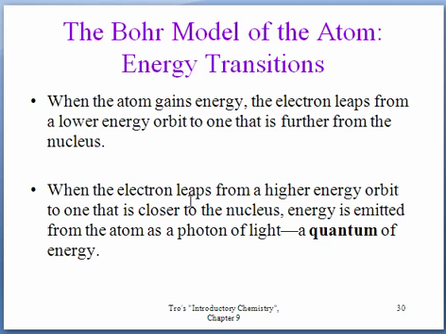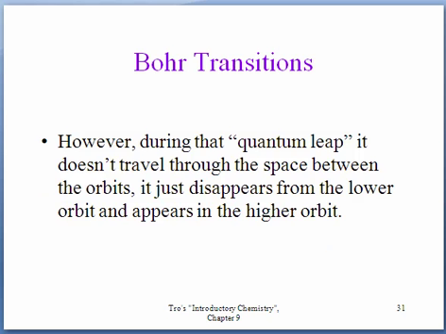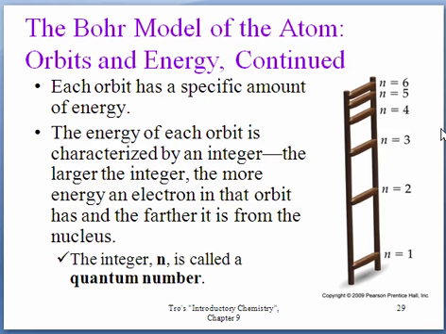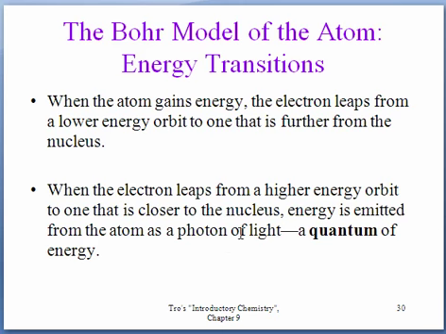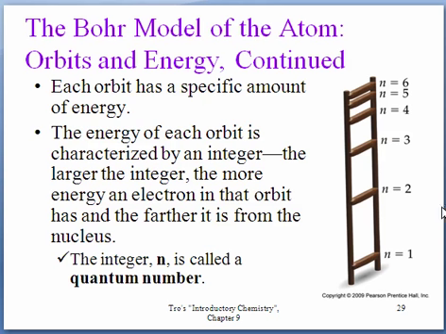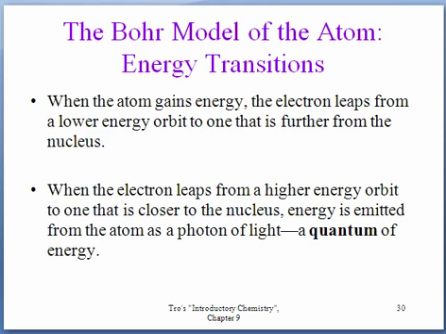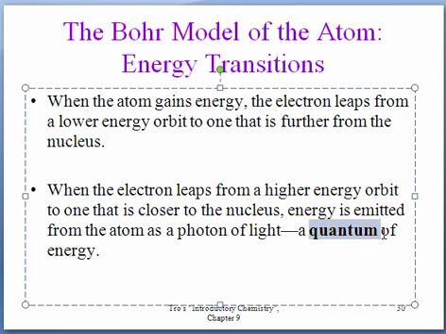And then when an electron went from a higher orbit to a lower one, so from here down to here, or from here to here, then it emitted energy. And these very specific amounts of energy from here to here, or from here to here, are equal in energy to little packets of energy, a quantum of energy. And this energy is seen as electromagnetic radiation.